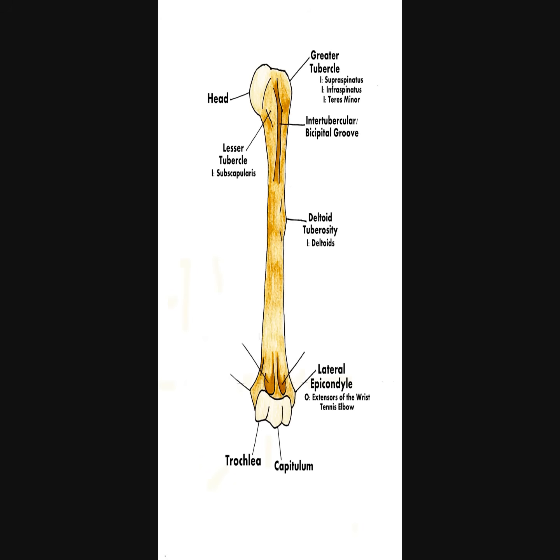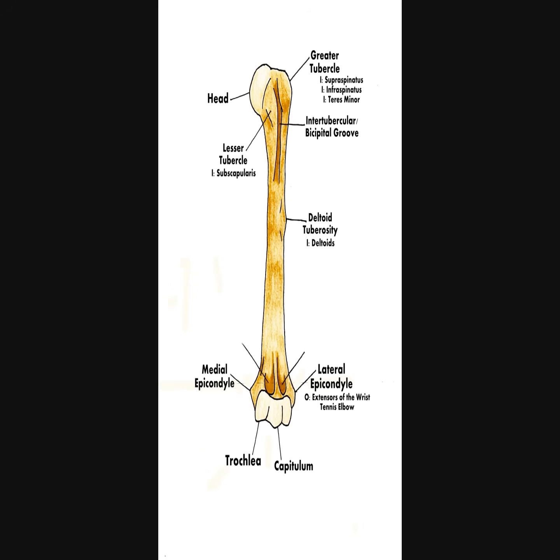Okay, so if we have a lateral epicondyle, again, remember our opposites. On the other side, we have a medial epicondyle. And there are a couple of other things you need to know about the medial epicondyle, just like the lateral epicondyle. We need to know a muscle group that originates there, and a medical condition that causes you to feel pain there, another type of tendinitis, like tennis elbow.